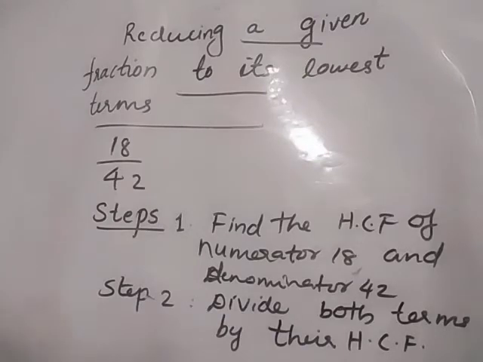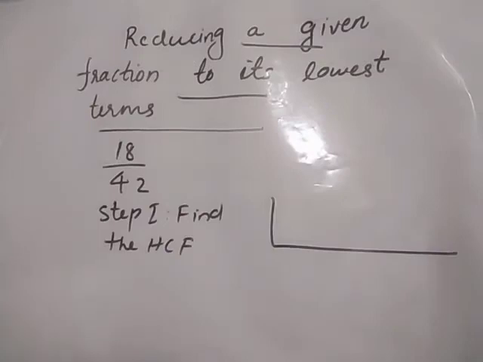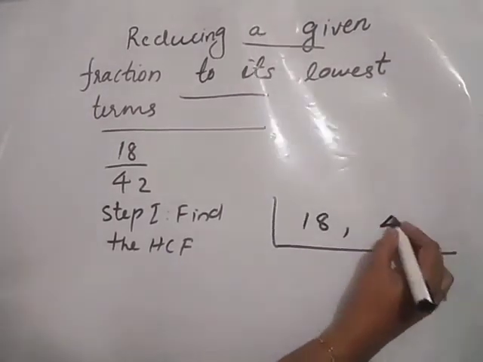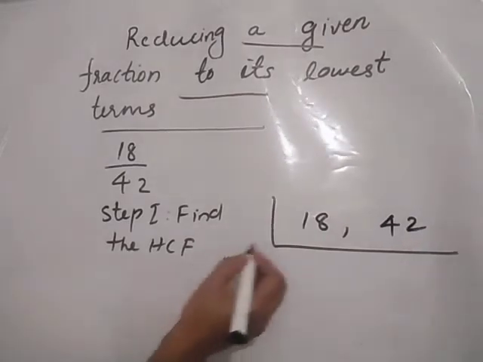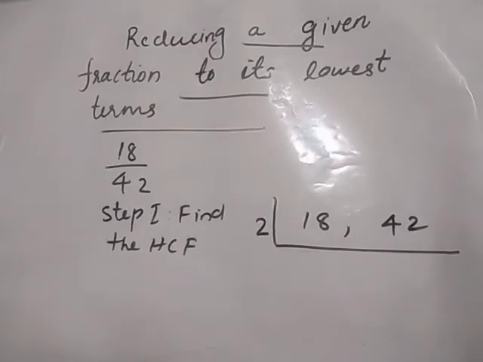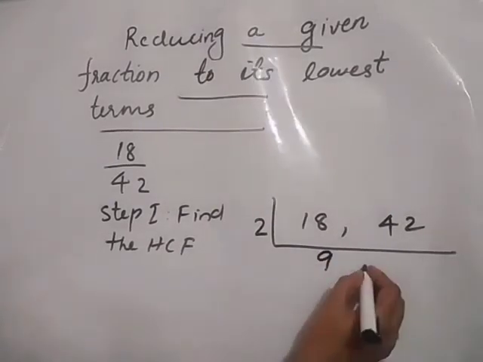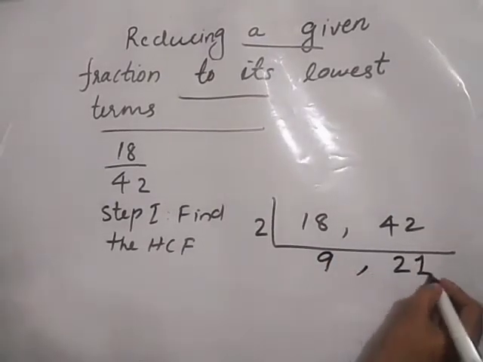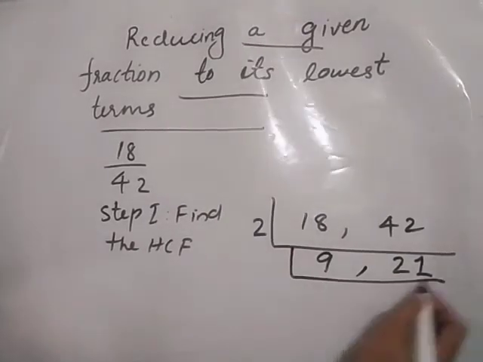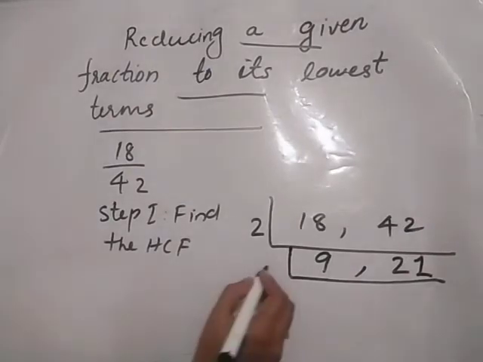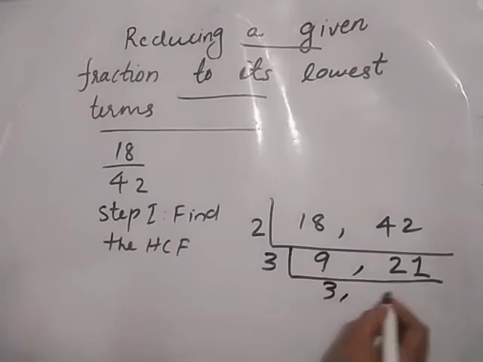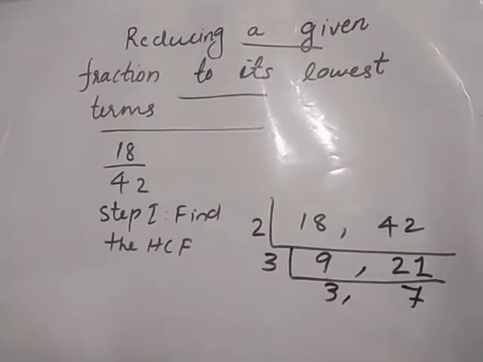Let us do this problem. First step, find the HCF. 18 and 42 are the numbers. These two numbers are divisible by the least prime number 2. 2 9s are 18, 2 21s are 42. Again, 9 and 21 are divisible by the prime number 3. 3 3s are 9, 3 7s are 21.